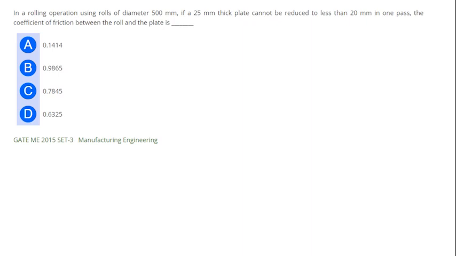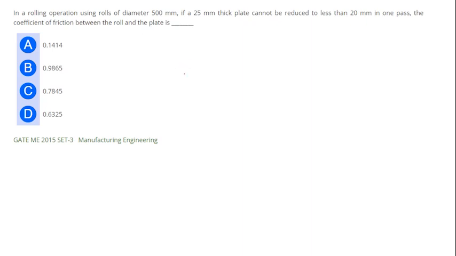A. Yes, A is correct. So let's read the question. In a rolling operation using rolls of diameter 500 mm, if a 25 mm thick plate cannot be reduced to less than 20 in one pass, the coefficient of friction between the roll and the plate is?